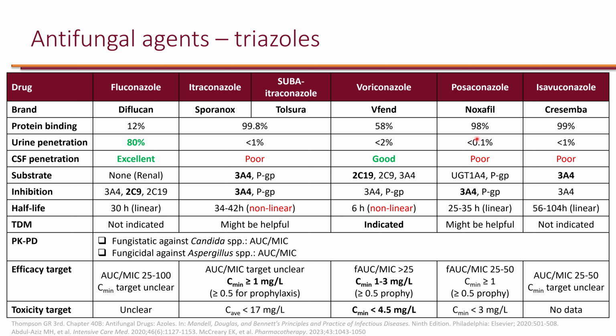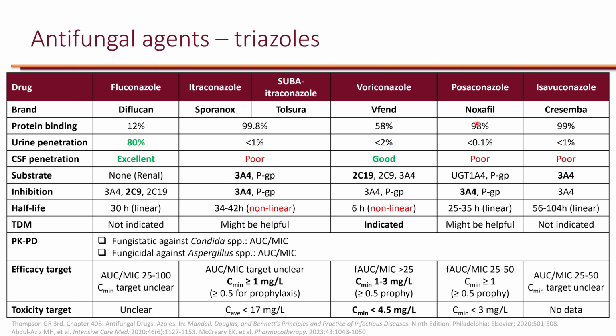For posaconazole, we have a formulation that's a delayed release tablet with excellent bioavailability, whereas the solution has more variability between patients. So for that reason, therapeutic drug monitoring might be helpful in certain situations, and that depends on the formulation.